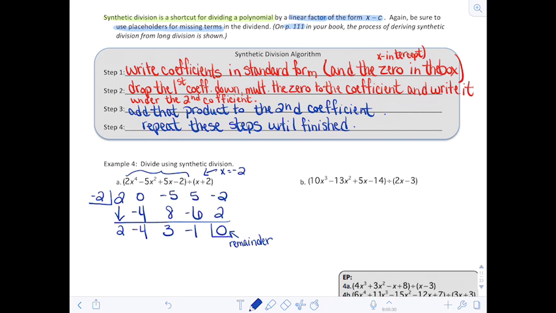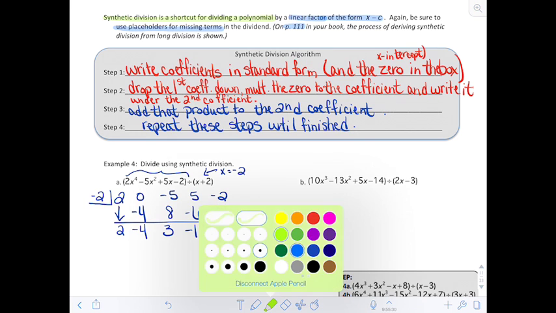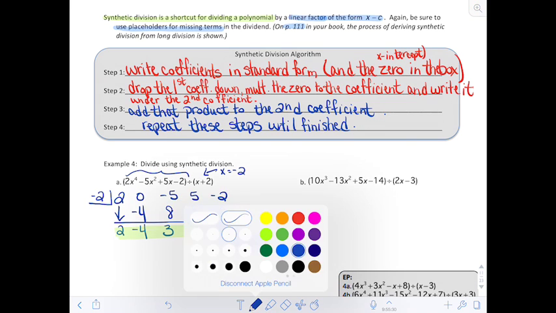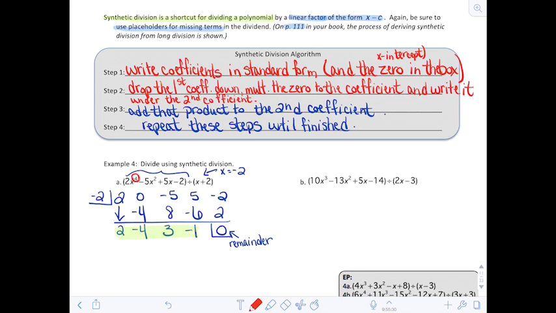Well, what's my quotient? If you remember, these numbers right here are the coefficients for your quotient. Whenever you divide, if you started with a 4th degree, my quotient will be 1 degree less.